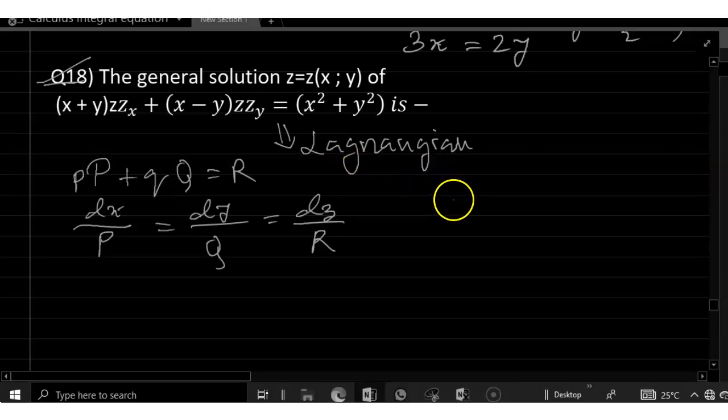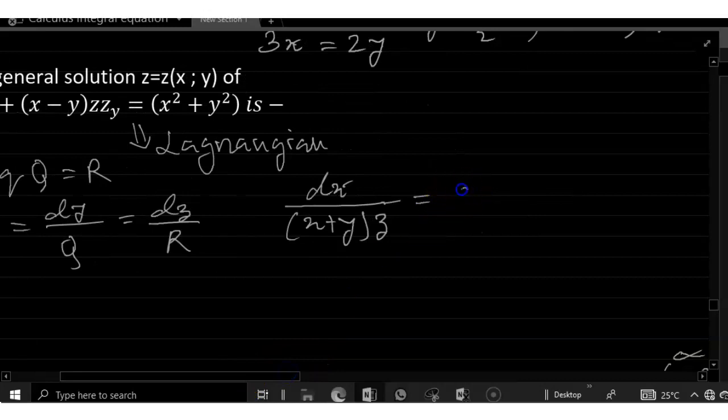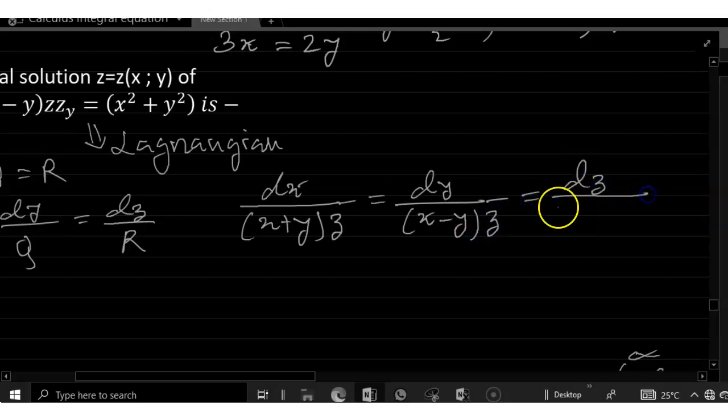Whatever I get, dx divided by x plus yz equals to dy divided by x minus yz equals to dz divided by x squared plus y squared.